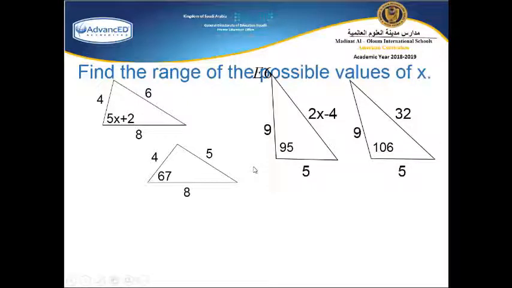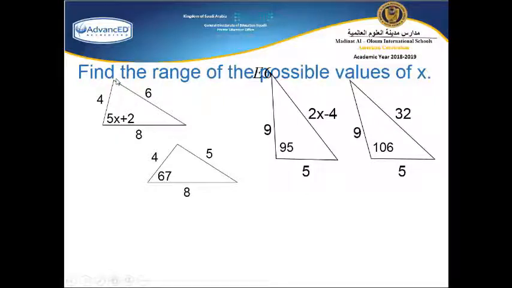How to find the range of the possible values of x? Here, by looking at these two triangles, we have two sides in the first triangle congruent to two sides of the second triangle, the included angle 67 and the included angle here 5x plus 2.